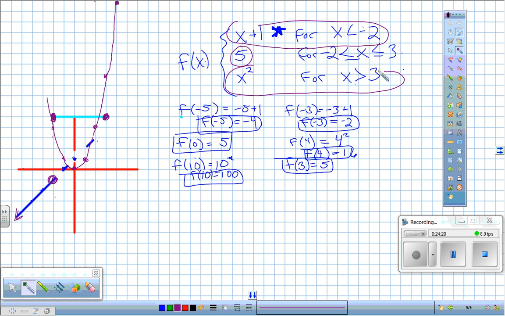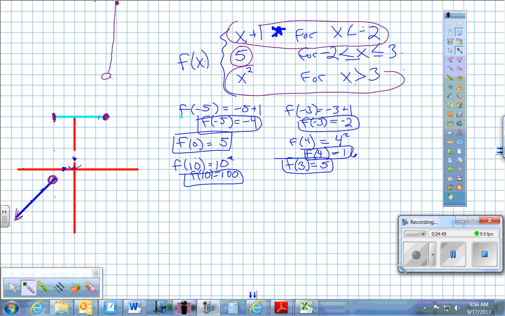And then x squared, I have this for everything greater than 3, so it'll go up forever, and it keeps getting bigger, taller-wise and x-wise. I have an open circle at 3, so let's make that more of an open circle, and I erase everything that was underneath it. And that is what my piecewise graph would look like when it asks you to graph them.